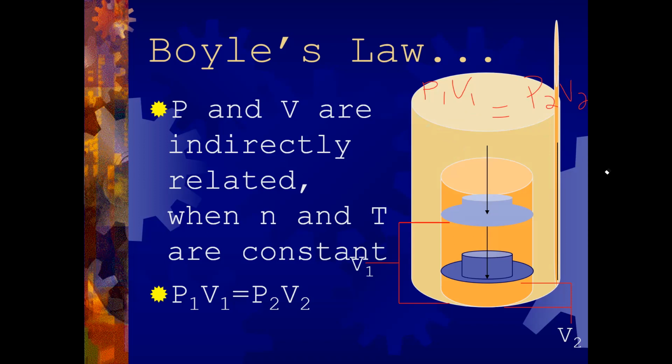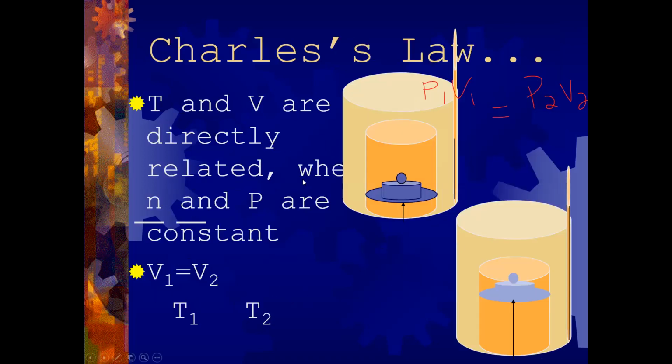All right. Because the number of moles and the temperature are constant. There's always two things that you're going to hold constant when you have one of the laws. Okay, the next one is Charles' law. And for Charles, let's draw this again.